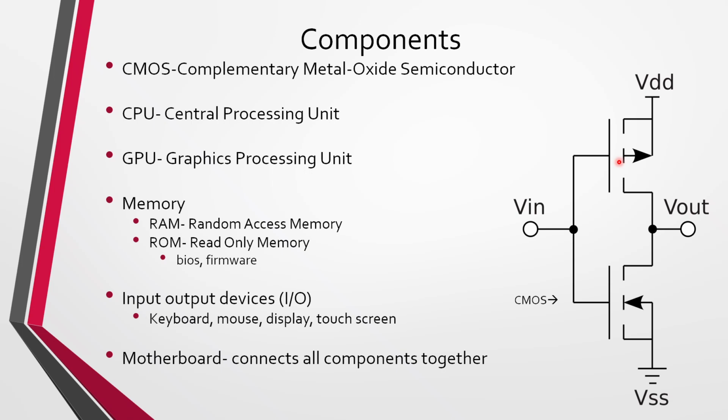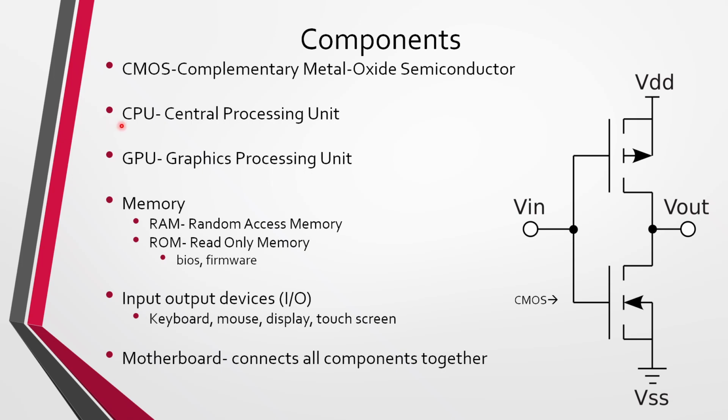We don't need to get this far into it, but just for this explanation, there's two different types of transistors: an N type and a P type. One when it's on will flow this way, and one when it's on will flow this way. But these two together are complementary. N and P type transistors can create an output here, depending on how the N and P transistors are put together.